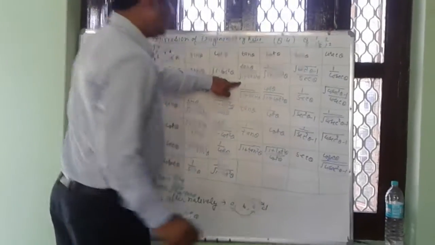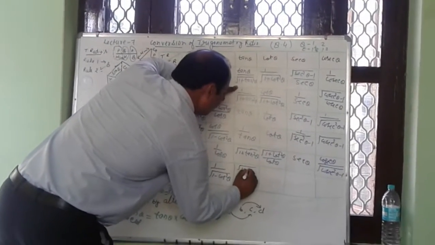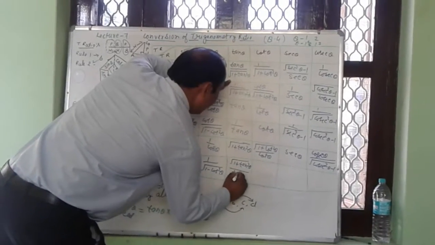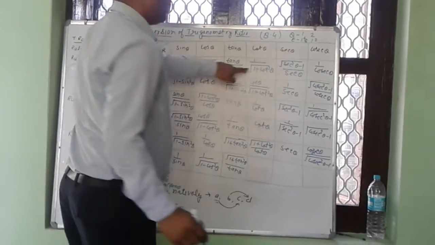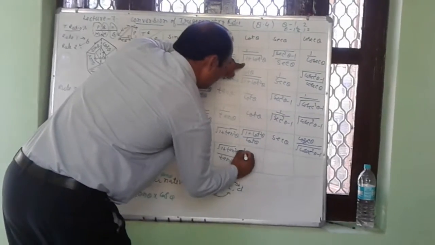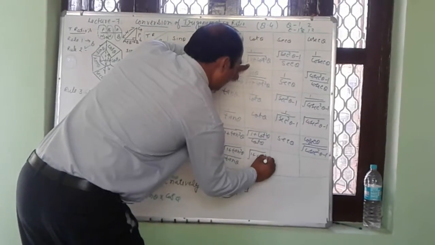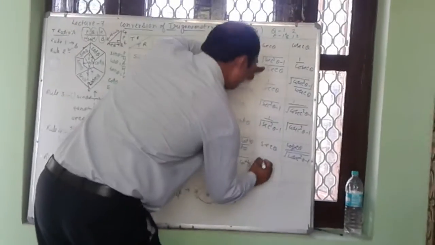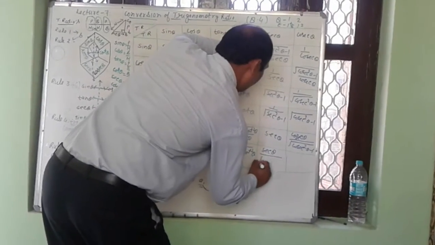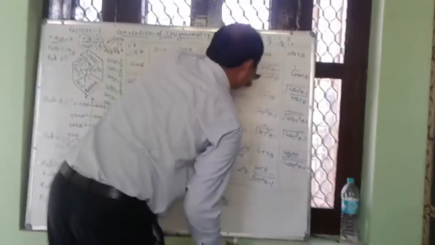The reciprocal of this one is written here, root 1 plus tan square theta upon tan theta, and the reciprocal of this, we can write here, that is root 1 plus cot square theta, and the reciprocal of this is sec theta upon root sec square theta minus 1.